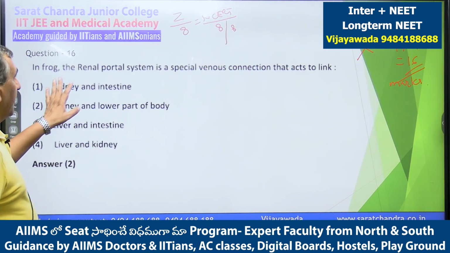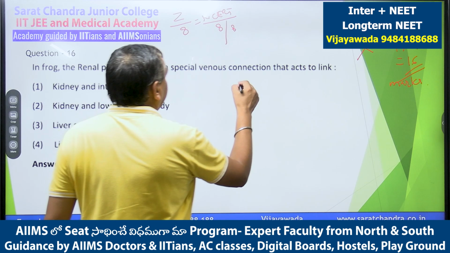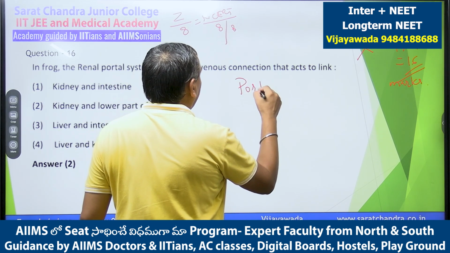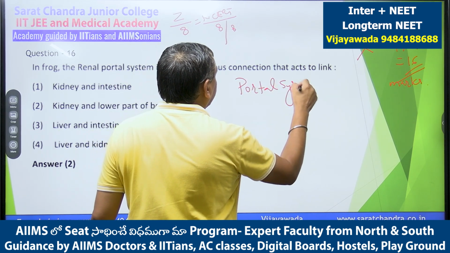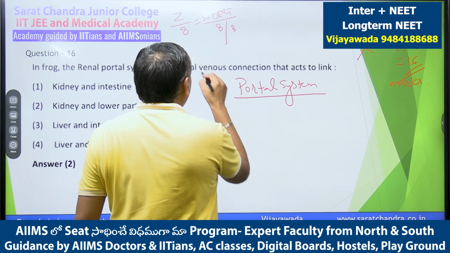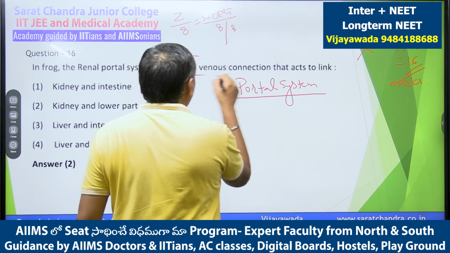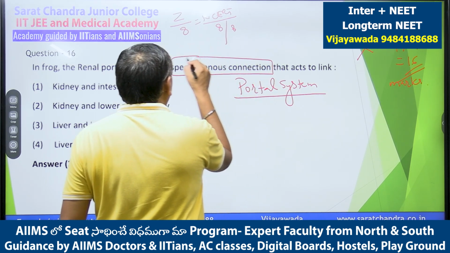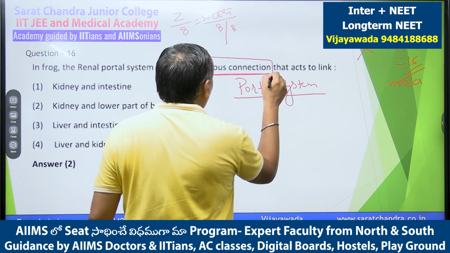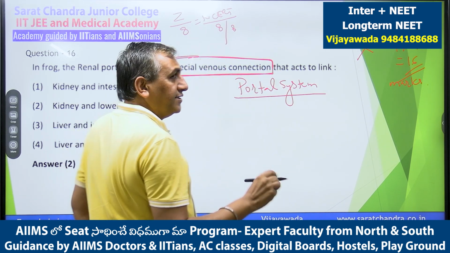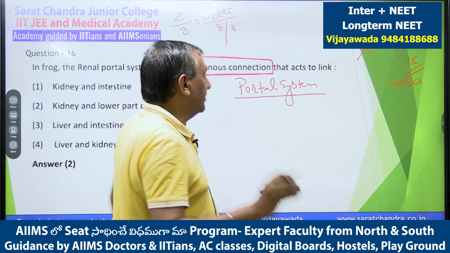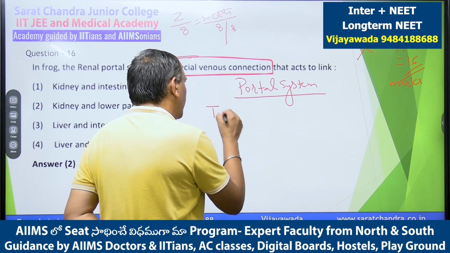So see, what is the portal system? It is given directly in NCERT. It is a type of venous connection. It means only veins are present in this portal system. What is the target of the portal system?